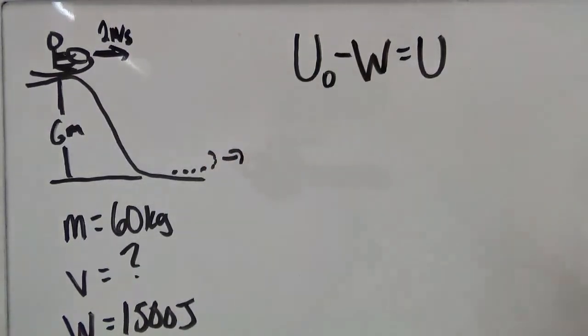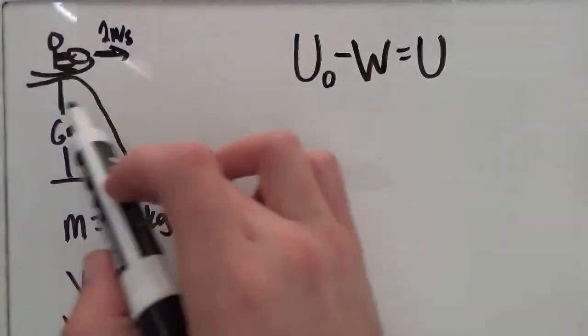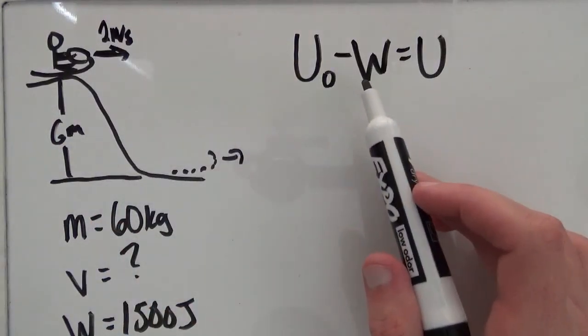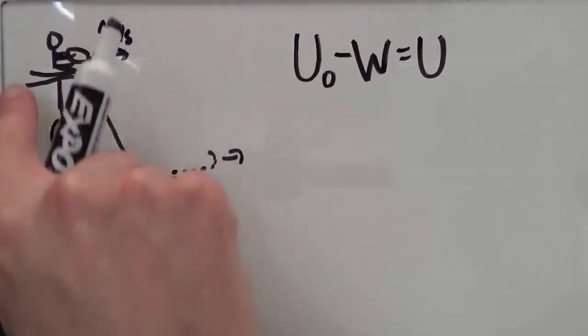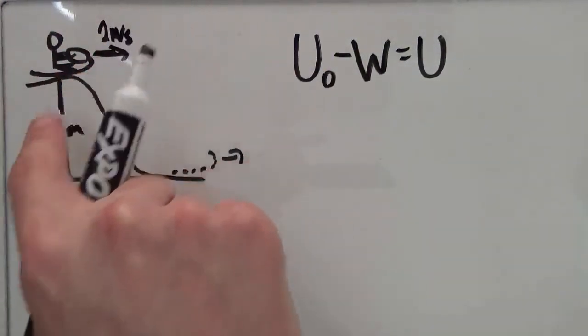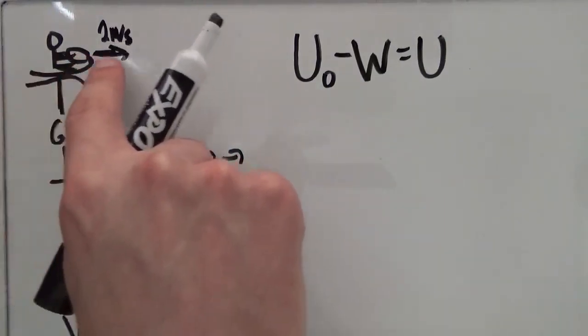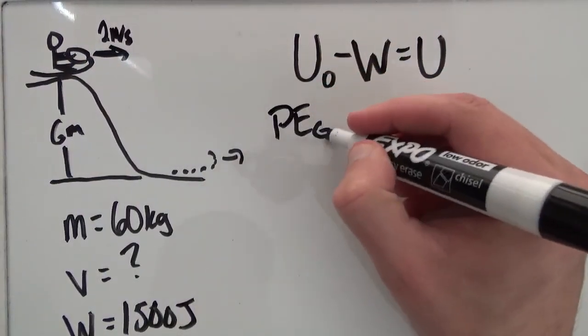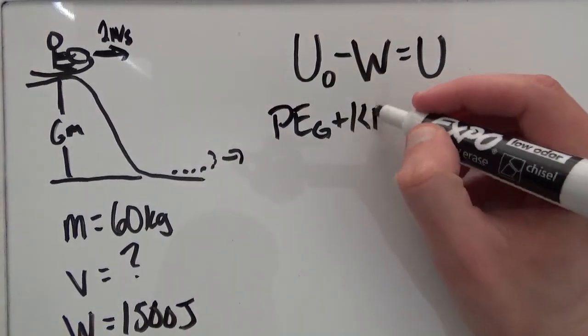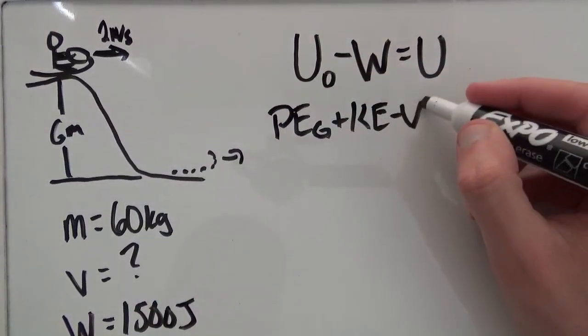But yeah, so this is the setup for this, right? We had some initial energy, we lost some energy along the way, and then we had this much energy at the end, and we can plug in for that. So initially, same setup right here. We have potential energy initially, gravitational potential to be specific, and we have kinetic energy. So we have PEg, we have kinetic energy, and then we lose some due to friction, right?